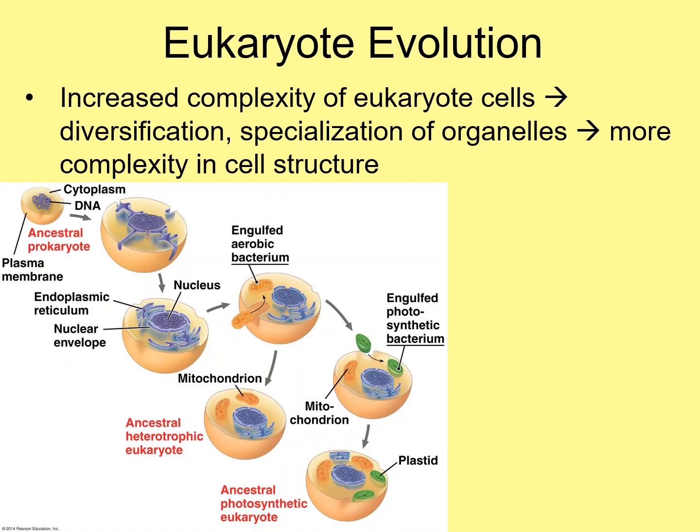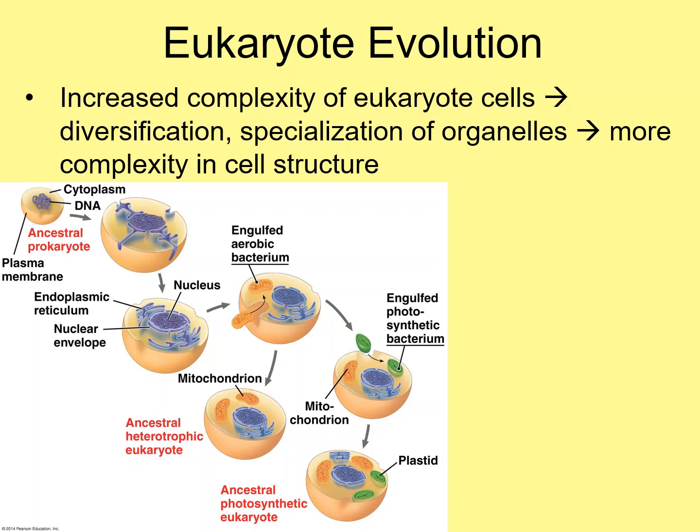A heterotrophic eukaryote cell with mitochondria, right, could survive in aerobic conditions. And of course, not only survive, but have extra energy for growth and development, extra energy to increase complexity. Same goes for our first photosynthetic ancestral eukaryote who had mitochondria and then now chloroplasts.